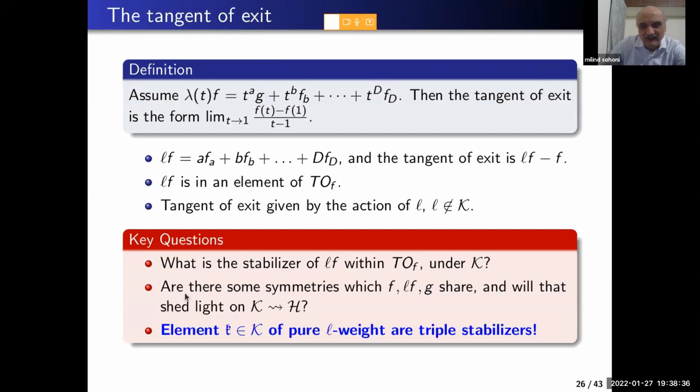So what we have is that elements of the stabilizer of the determinant, that is of the form F, actually sit inside the elements of the stabilizer of G, all those elements which are of weight 0 vis-a-vis L. So the grading of L sort of decomposes the stabilizer K, and if there are elements of pure weight in K, then those sit directly inside the stabilizer of G. So this is very straightforward.